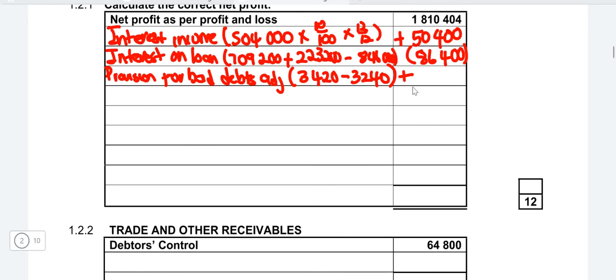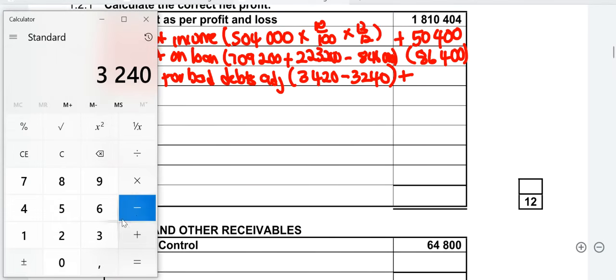So it's going to be a plus. Let's see this answer, 3,420 minus 3,240, and then we'll see how much we are getting.